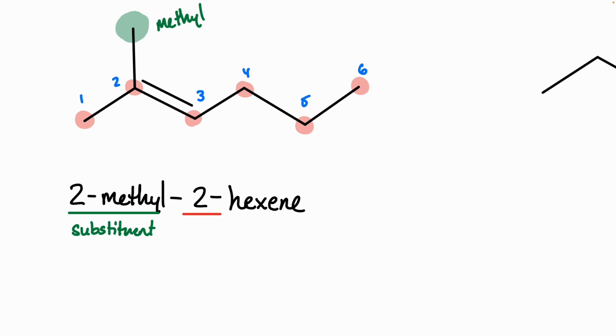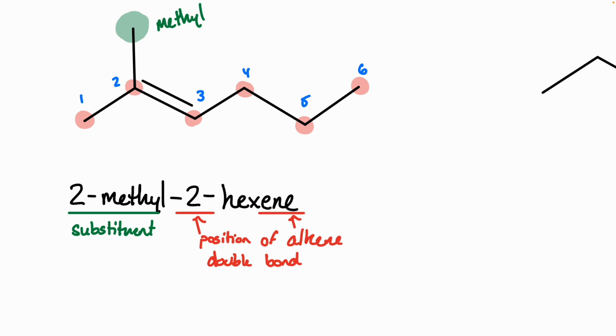The double bond. And notice that that goes right out front of that parent chain, my hexene. So this is the position of my alkene double bond. So 2-methyl-2-hexene. I got dashes separating the numbers and the letters. All right, and to be clear, this is all run together, all one word here.